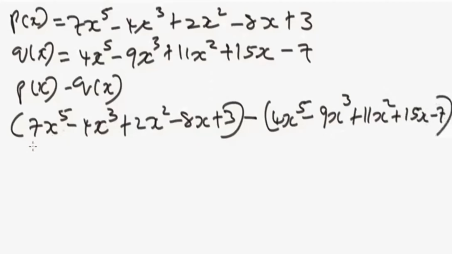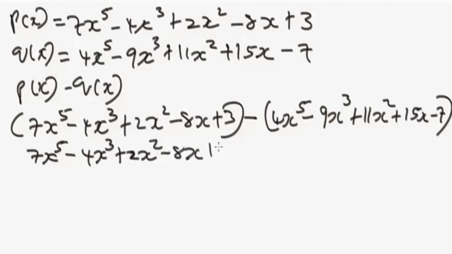So if we simplify this, it's going to be 7x to the power 5 minus 4x cubed plus 2x square minus 8x plus 3.